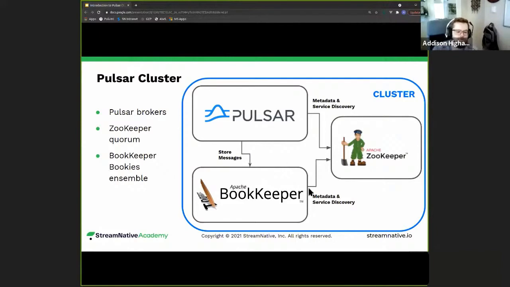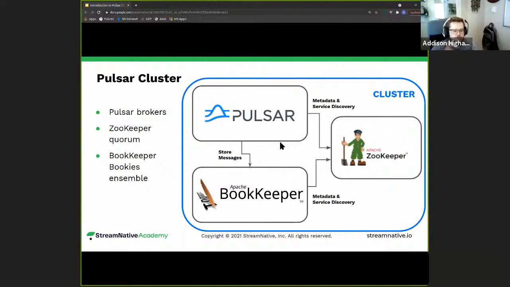And then both BookKeeper and Pulsar share ZooKeeper as a common dependency, which is used for service discovery and metadata needs. Together, these three components form a Pulsar cluster, and deployments will always have at least one of each of these components, but it can be noted that there can be more. These can actually be mixed and matched. You can have multiple Pulsar clusters that share a ZooKeeper, or multiple different groups of Pulsar brokers that share a ZooKeeper, as well as share BookKeeper.